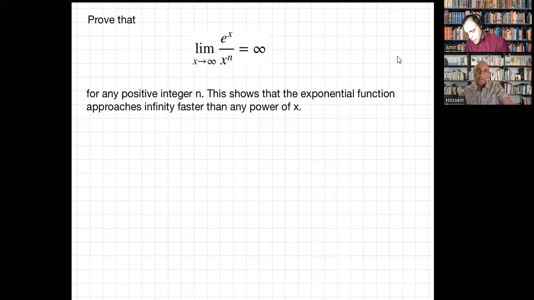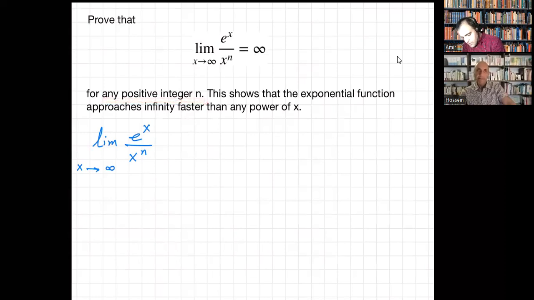Since this is a limit problem, we can look at the form of the value of the limit. Here we have the limit of e to the x over x to the power of n when x approaches infinity, and we know that n is a positive integer, which is very important here.